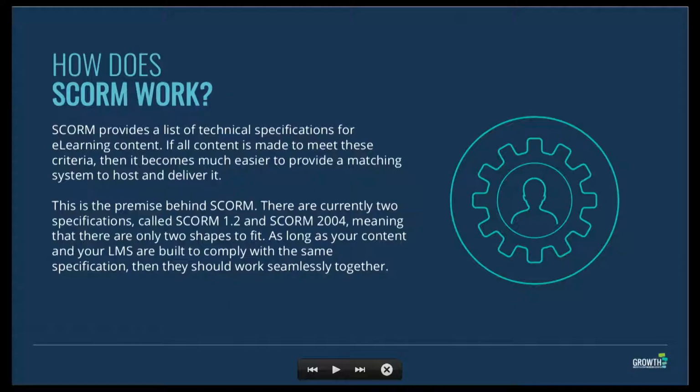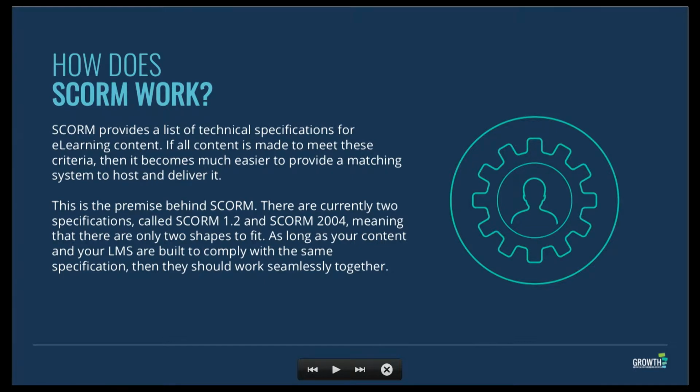So it can just be pass or fail, or it can be a myriad of different things within that unit. There are currently two specifications: one is SCORM 1.2 and the next one is SCORM 2004. There are different things within those two frames of reference that you can call upon.